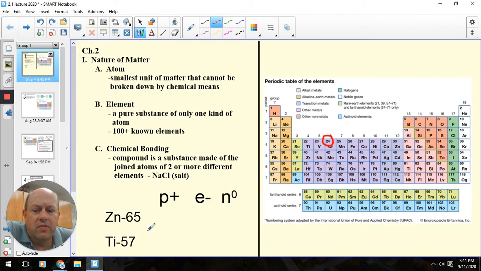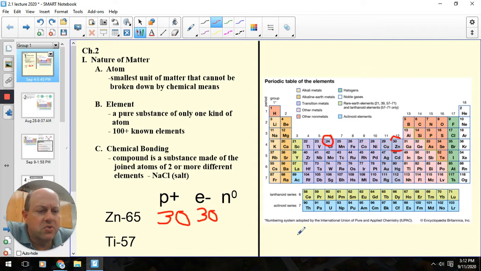If we are dealing with a zinc 65 atom, 65 would be its mass number. So if we want to know how many protons a zinc 65 atom would have, we would find zinc. Here's zinc, and we see it's got 30. So that's going to be 30 protons and 30 electrons, because a normal atom has to be electrically stable.